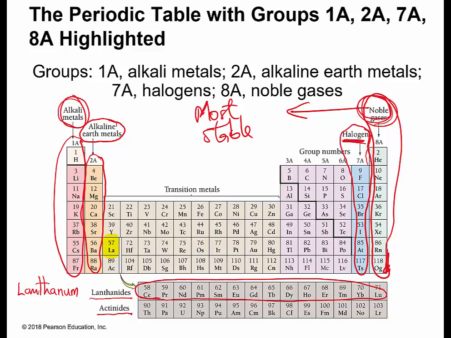While the first element in the actinides series, element number 89, is actinium. That is why all the elements from 90 to 103 are named as actinides.